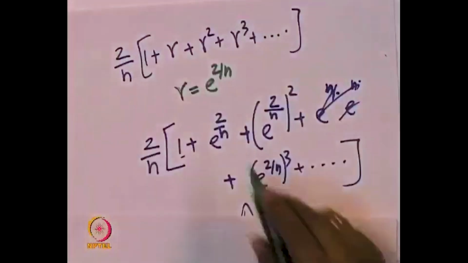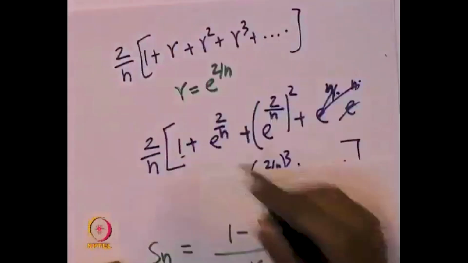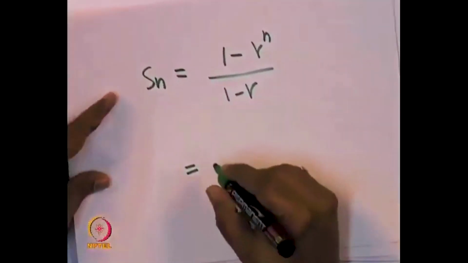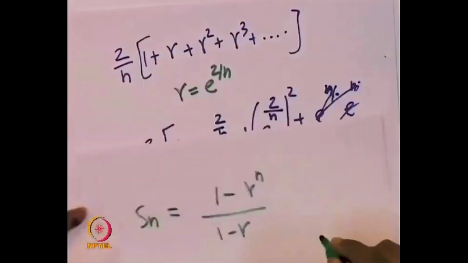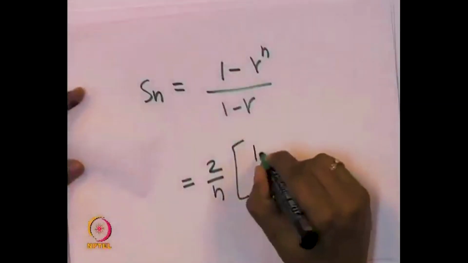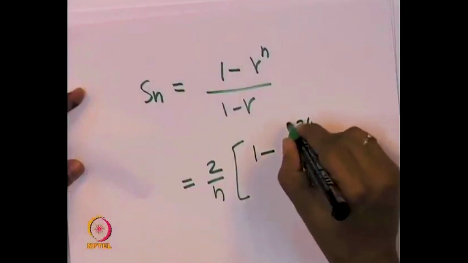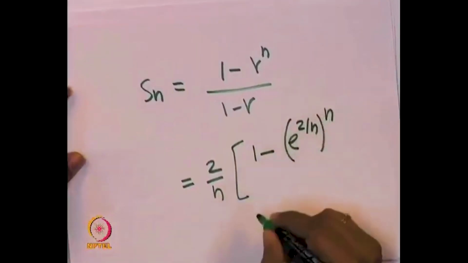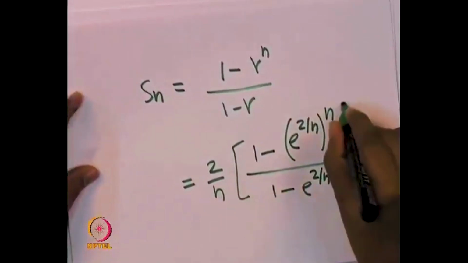In our case, r is e power 2 by n, so let us rewrite this: (1 minus (e power 2 by n) whole power n) divided by (1 minus e power 2 by n).